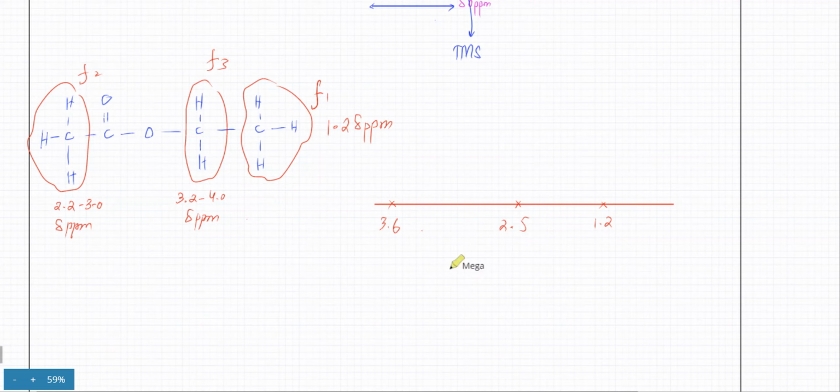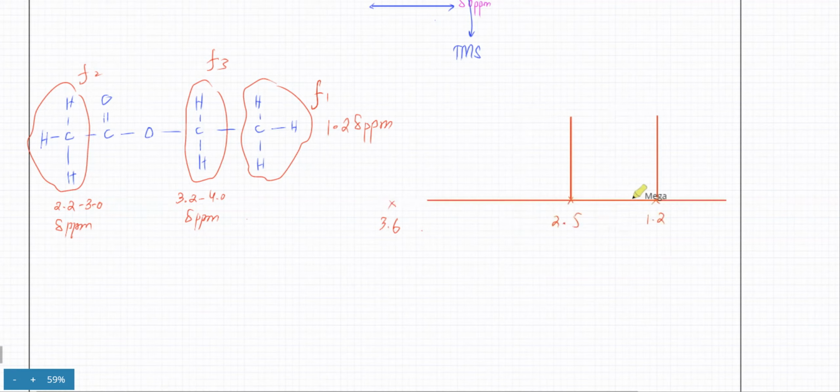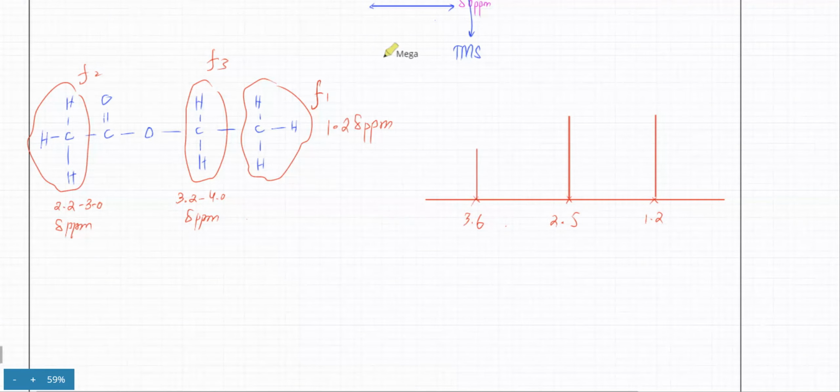The 1.2 and the 2.2 would have exactly the same height. And then the 3.6 one, its height would be 2. So it's going to be 3:3:2.